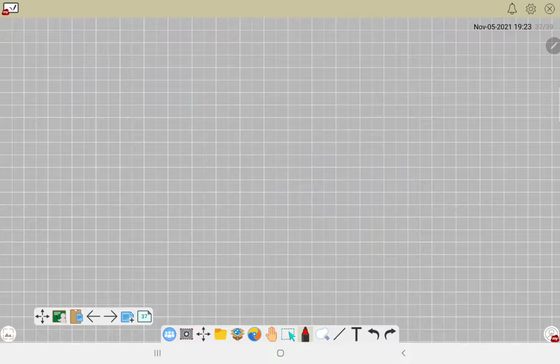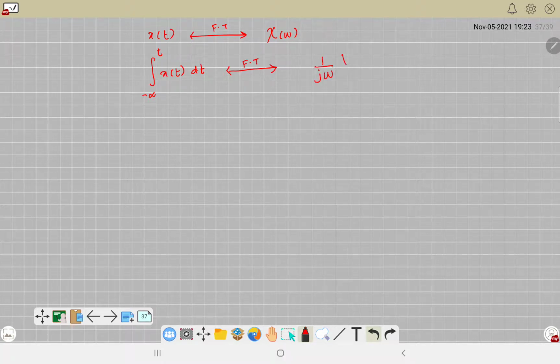Just try it at home, that if x of t is related with Fourier transform to x of omega, then if I perform the integration up to the time t of this signal x of t, then the result will be that x of omega will be divided by j omega, right?